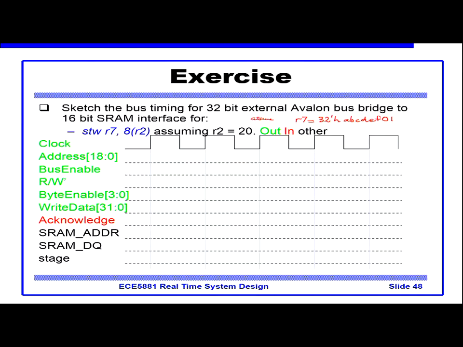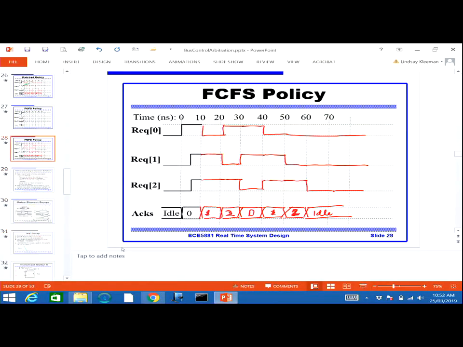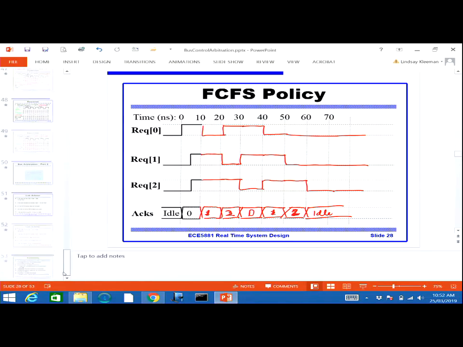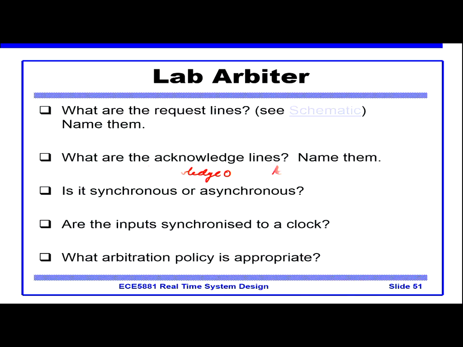So acknowledge 0 comes from the arbiter to the bus bridge. Okay, so we have acknowledge 0 and 1. That's just the same acknowledge lines that we were just talking about, but for separate bus bridges.